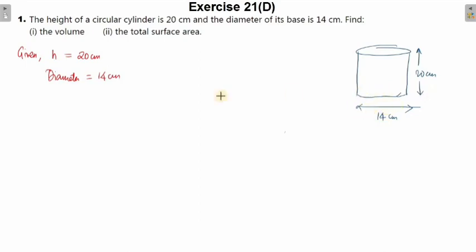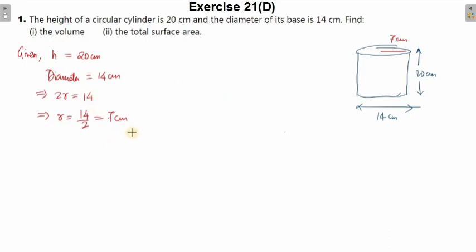So in place of diameter, let me write 2r. 2 times radius is 14. So r turns out to be 14 by 2, which is 7 centimeter. So I got my radius also, from here to here, 7 centimeter.